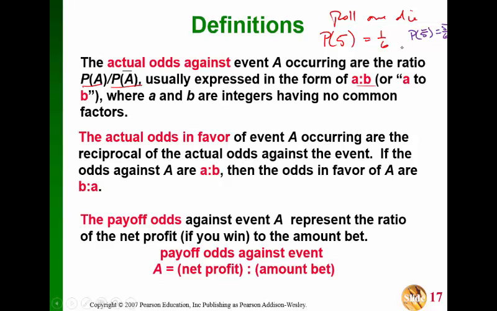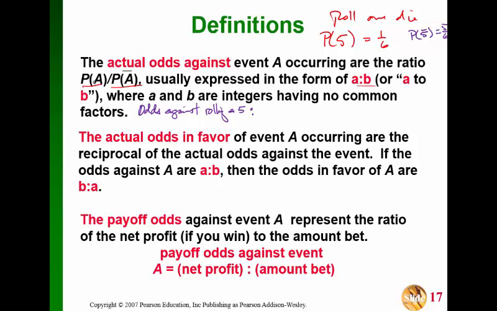So here's how we're going to do the odds against you. Let's say odds against rolling a 5. According to this, the odds is going to be a ratio, which we can start off writing as a fraction, and then we'll write it as an odds with a colon.